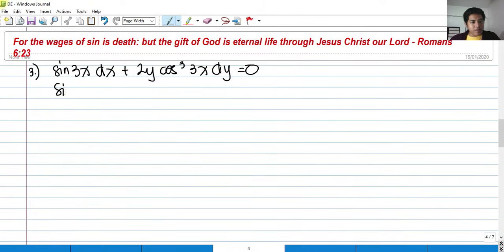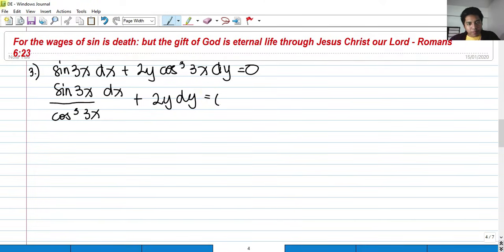So we have sine of 3x dx over cosine cube 3x plus 2y dy. We simply multiply the whole equation by 1 over cosine cube 3x.